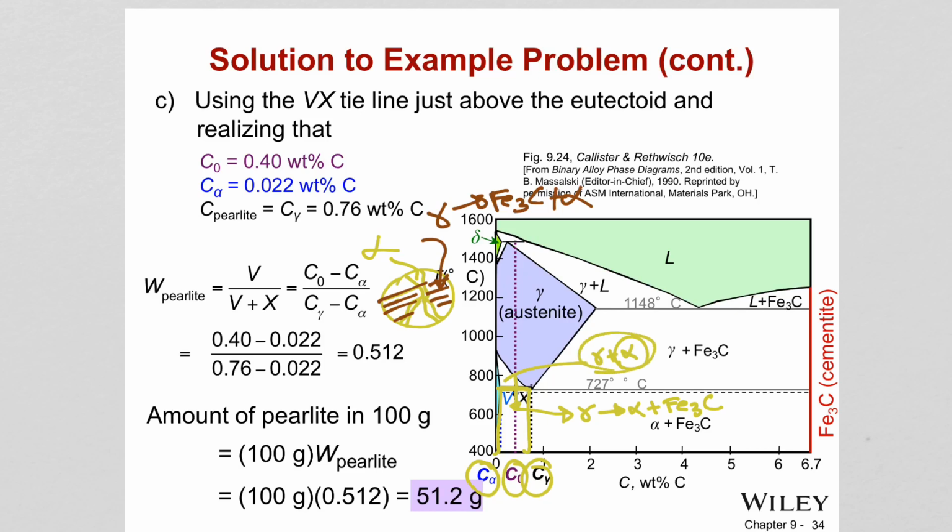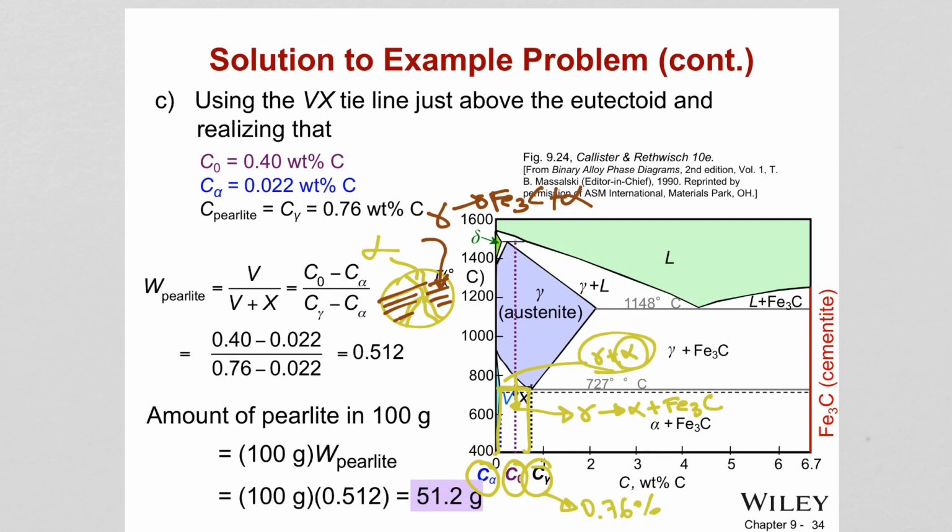And remember, the perlite composition was equal to the composition of the gamma, which you can read from here, right? This one, 0.76.